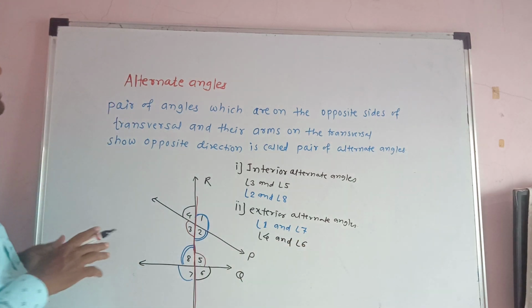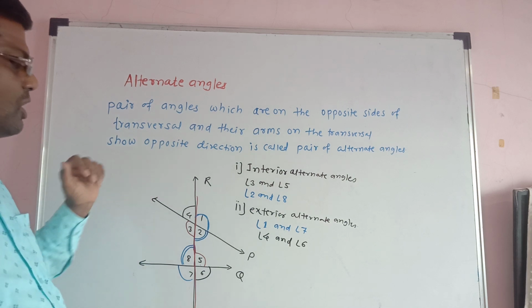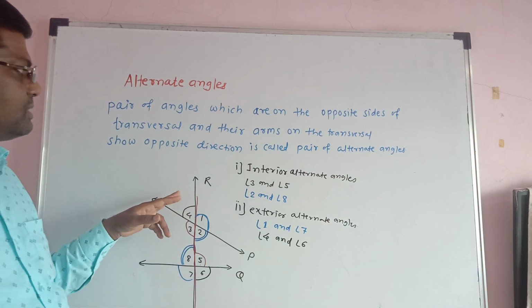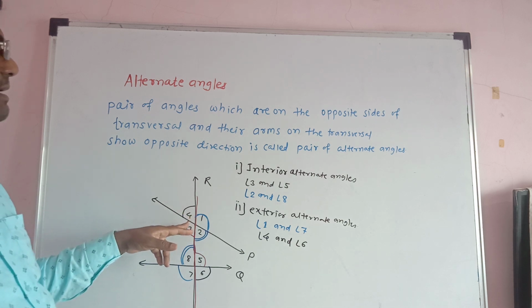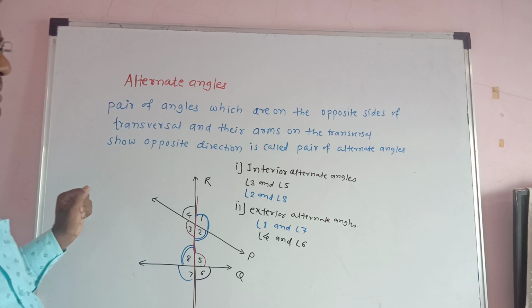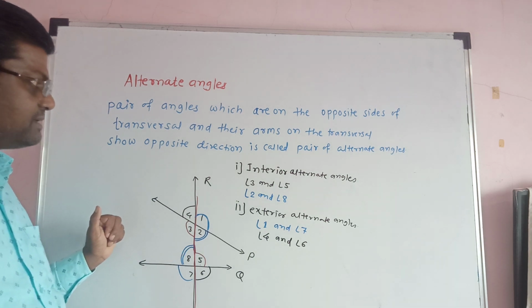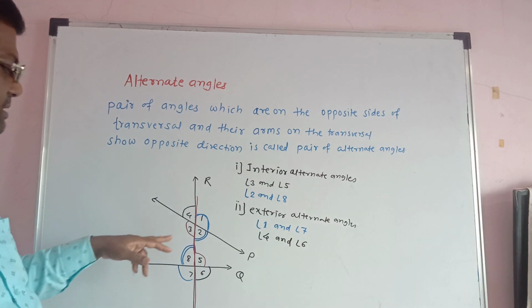So what is meant by alternate angles? A pair of angles which are on the opposite side of the transversal and their arms on the transversal are in opposite direction is called a pair of alternate angles.